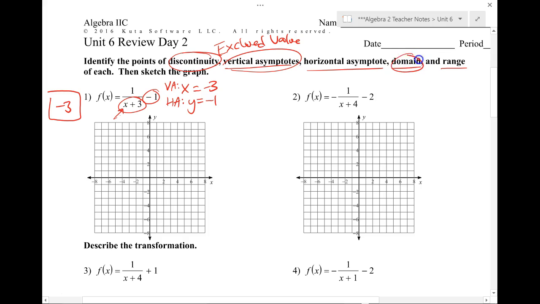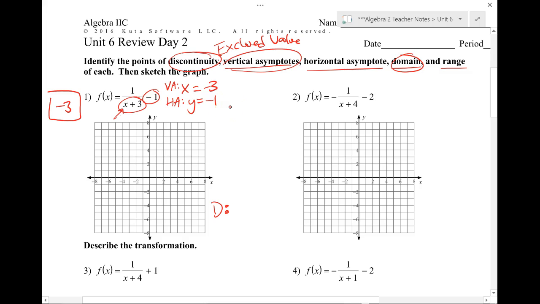Now with the domain, I'll write that down here. The nice thing about the domain is that we get it from the same place that we get our excluded value and our vertical asymptote.